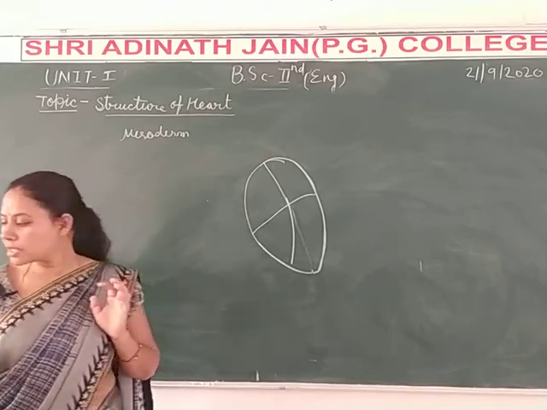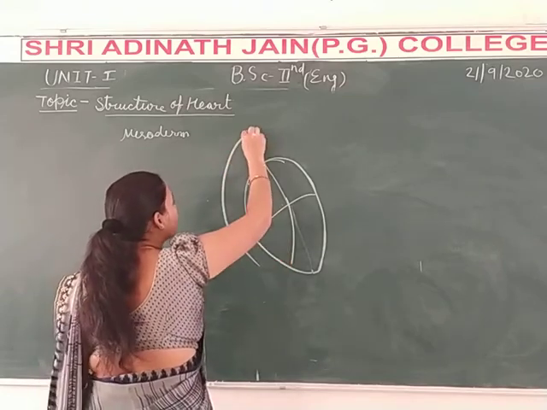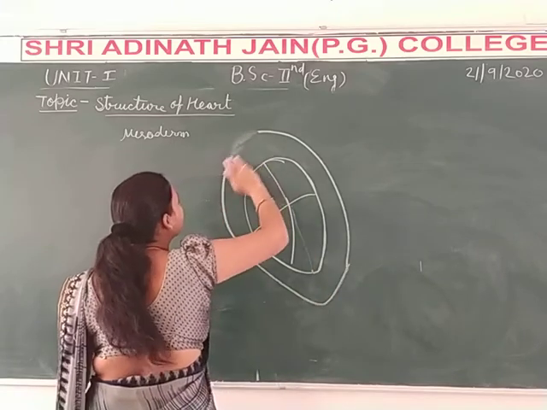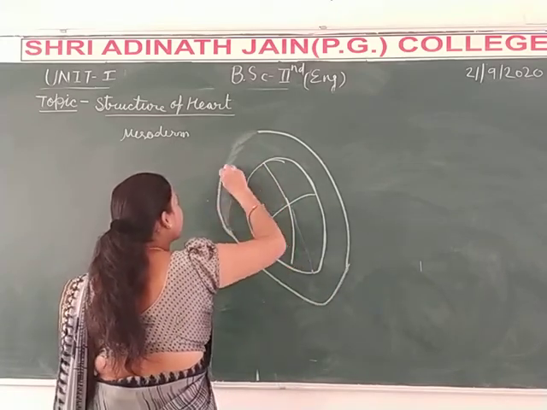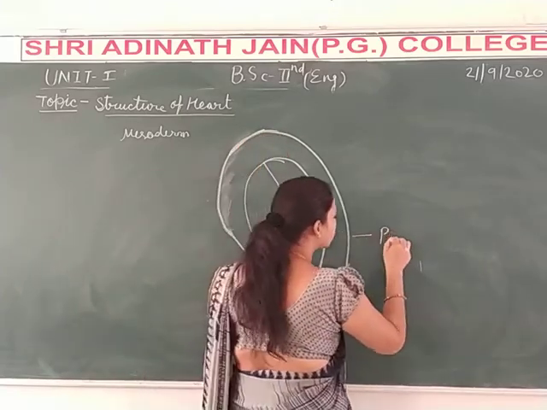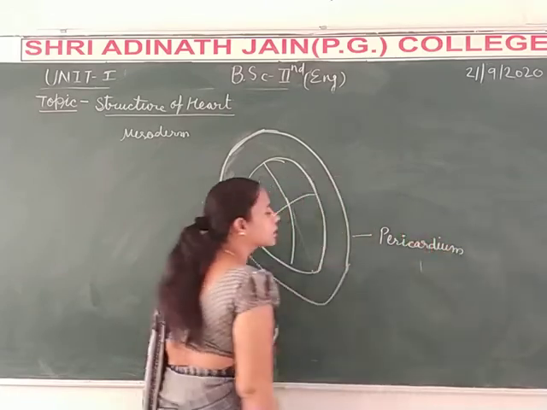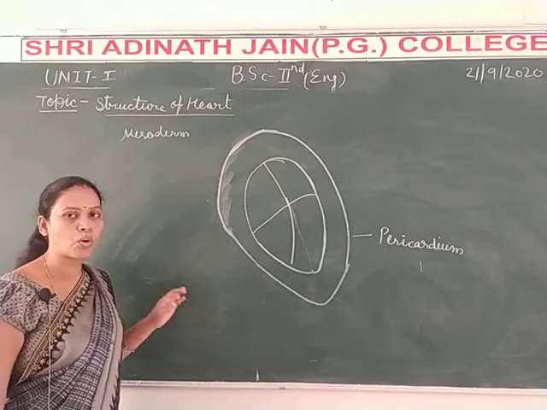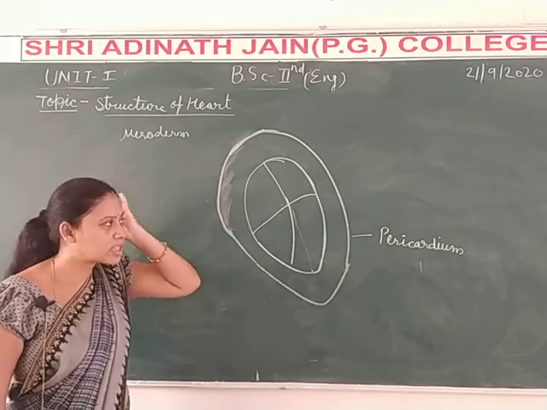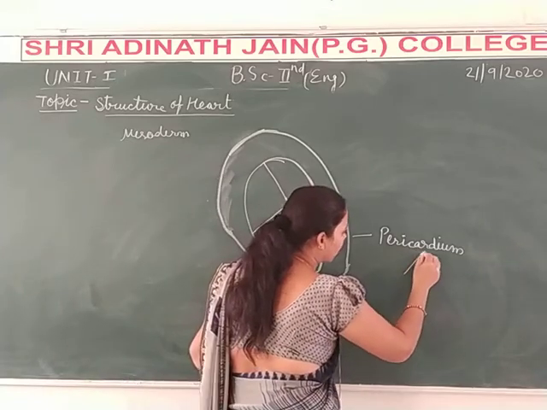The heart is covered by a layer. The layer of the heart is known as pericardium. The outside of this pericardium is divided into two parts. की 2 layers हैं pericardium की.